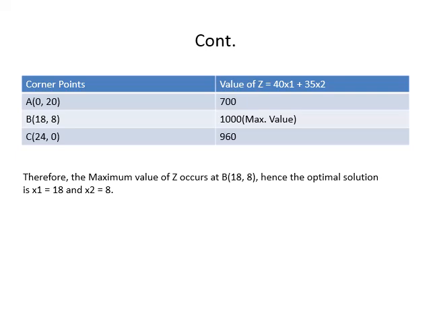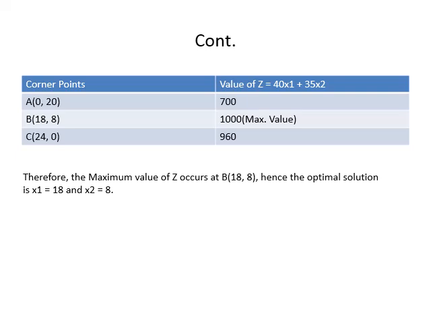Z is given, of course: Z equal 40x1 plus 35x2. So when A is 0 and 20, Z equal 40 times 0 plus 35 times 20, and Z equal 700.